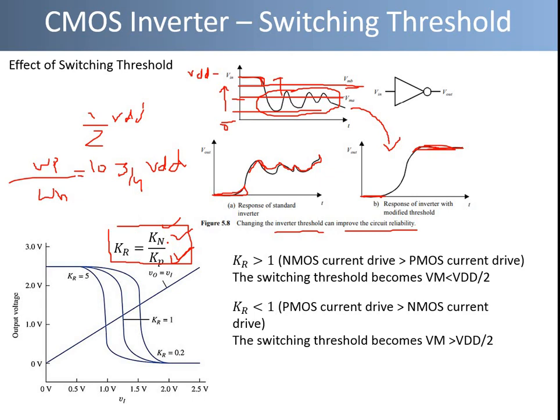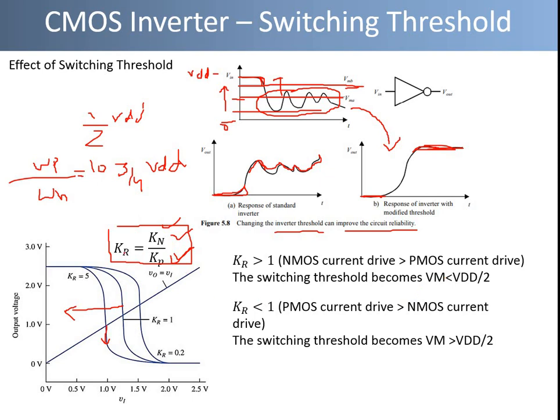So when Kr is greater than 1, the NMOS current drive is greater than the PMOS current drive. As a result, the VTC curve moves in this direction, which causes the switching threshold to fall below the VDD/2 value.